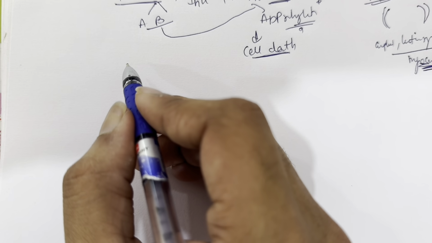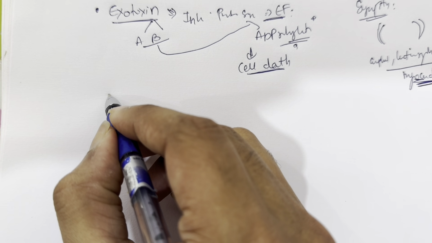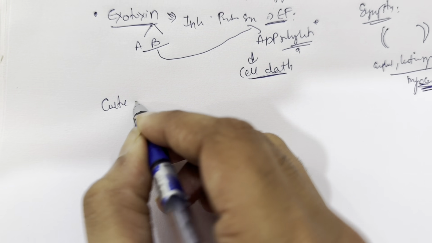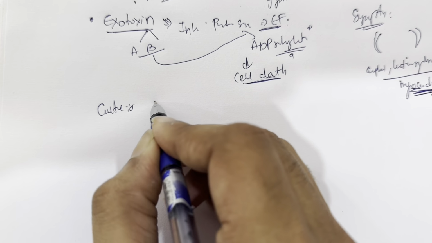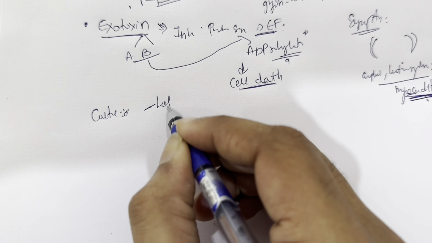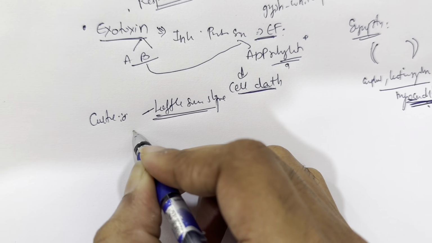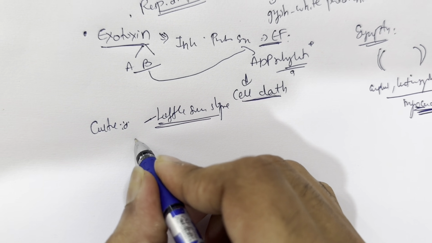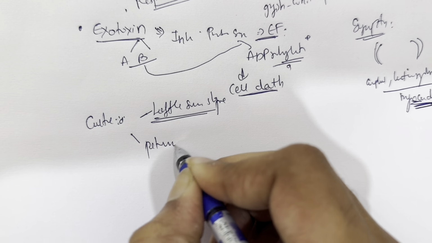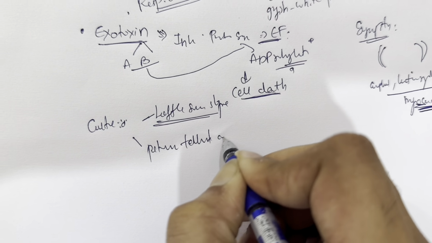Let's talk about culture of diphtheria. How is diphtheria cultured? There is Loeffler serum slope, where diphtheria can be cultured. And there is potassium tellurite agar.